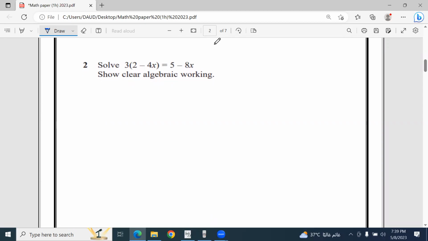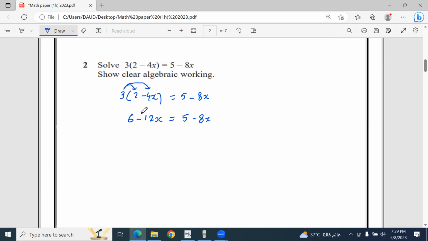First of all, we will multiply by 3 inside the bracket, using the distributive property of multiplication. So 3 multiplied by 2 is 6, then 3 multiplied by 4x is 12x, equal to 5 minus 8x. After this, we will bring together the like terms.